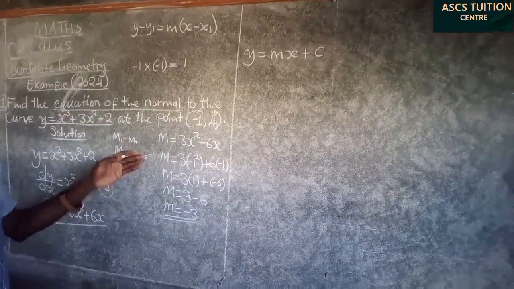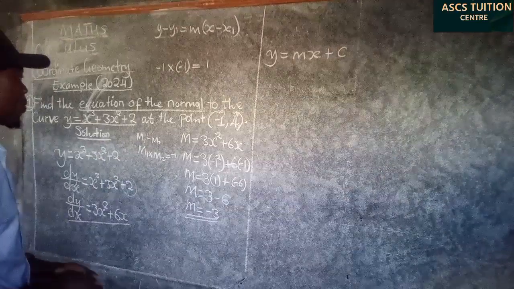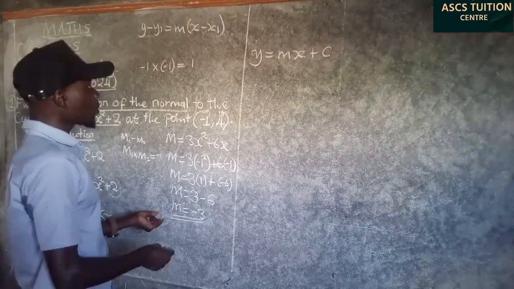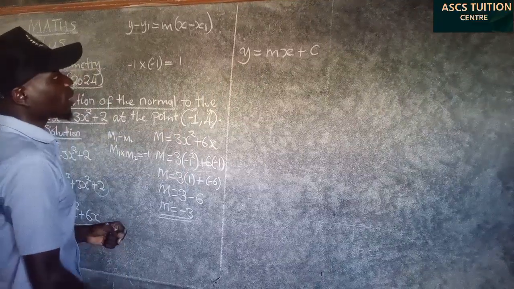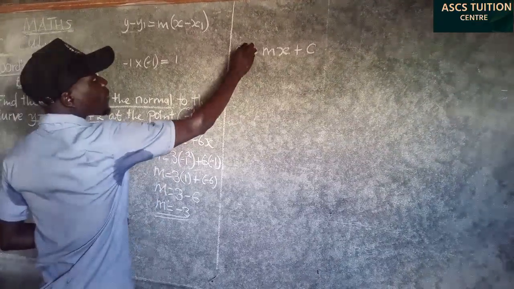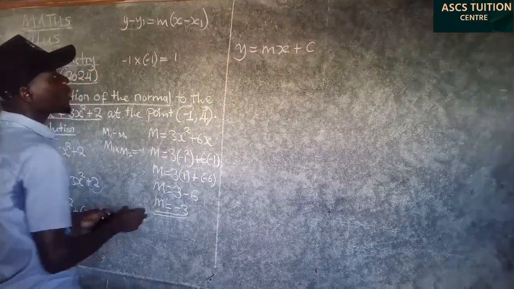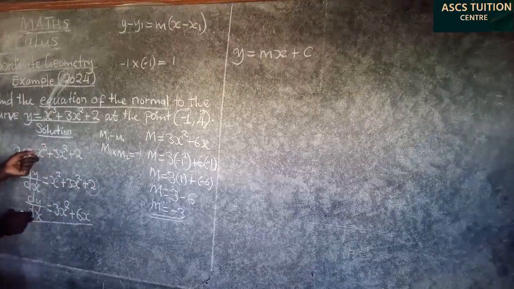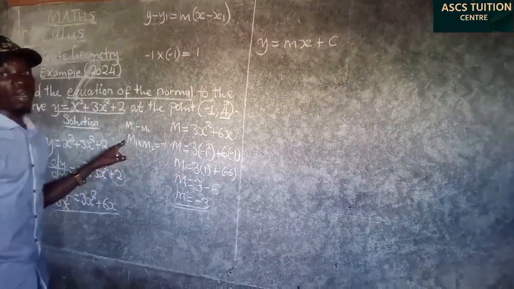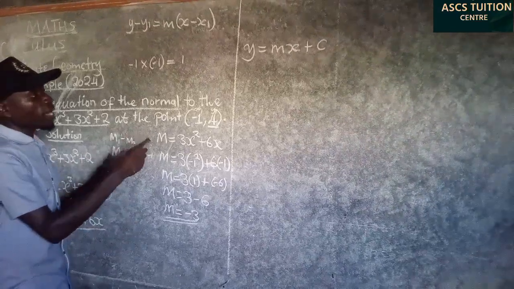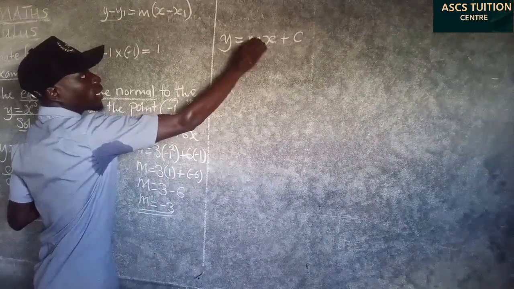Therefore, you can choose which one is simple for you. So, as for today, we'll use this formula. Okay? So, this variable y in the formula is being represented by the coordinate 4. Are we together?